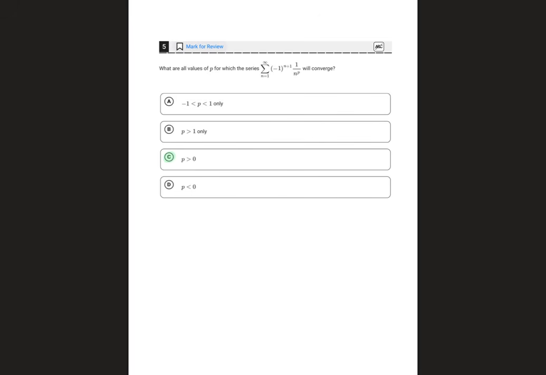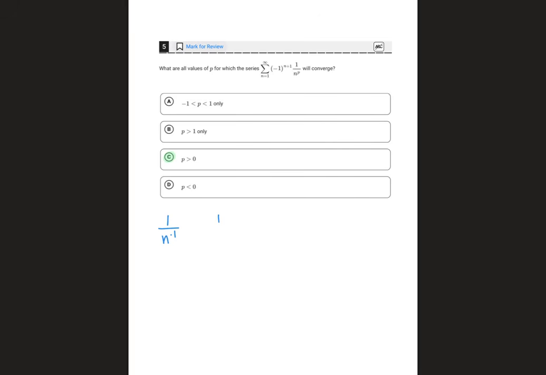So as long as p is a positive exponent, even if p was like 0.1, if you looked at 1 over n to the 0.1, this will always be decreasing, right? This denominator will just keep getting bigger and bigger.